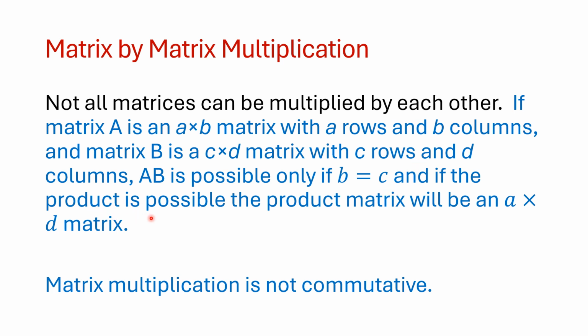And if the product is possible, the product matrix will be an A by D matrix. Matrix multiplication is not commutative.